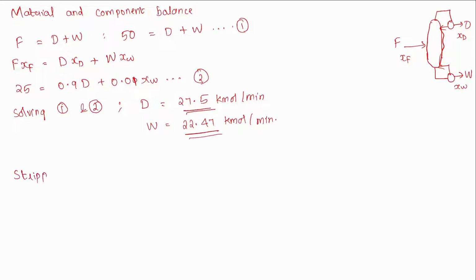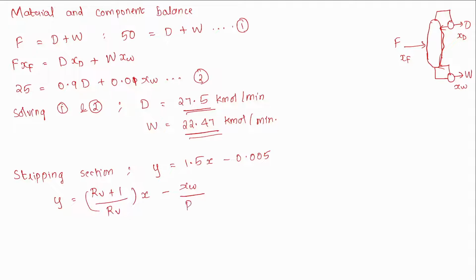Now let's go to the stripping section of the distillation column. They have given us the equation for the stripping section as y equal to 1.5x minus 0.005. The general equation for the stripping section we can write as y equal to (Rv plus 1) by Rv into x minus xW by Rv.